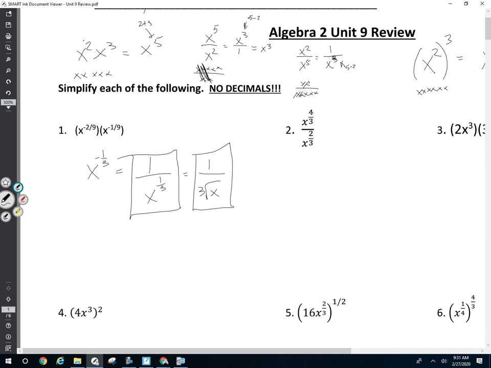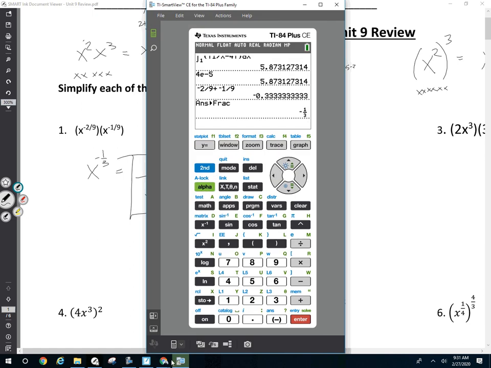Okay, we have x to the 4/3 and x to the 2/3. I'm going to look at this situation. Well, I have more in the numerator. 4/3 is greater than 2/3. And what I ended up doing is subtracting the 2 numbers. Here, 5 minus 2, 3. So I have x cubed. Here, I'm going to take 4/3 and subtract 2/3. Again, you can use your calculator.